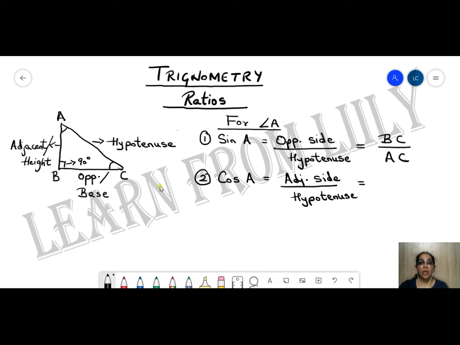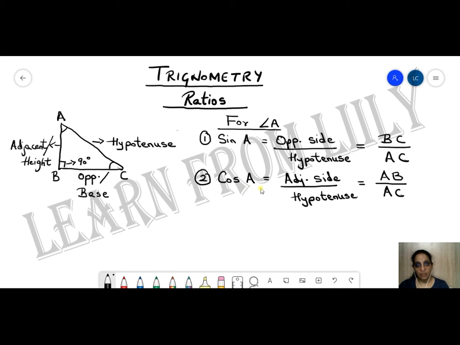So again I am considering only angle A, and which is the adjacent side for angle A? This one, AB. So I am going to now define it in terms of the sides. AB upon hypotenuse is not changing, that remains AC. So this is how I define my cos of an angle.